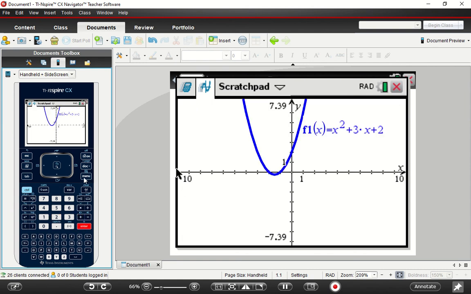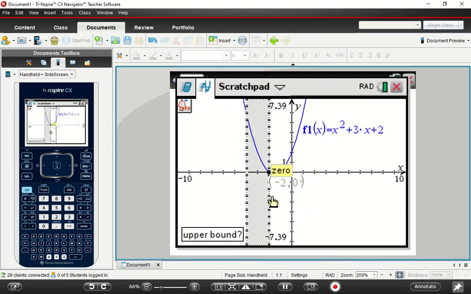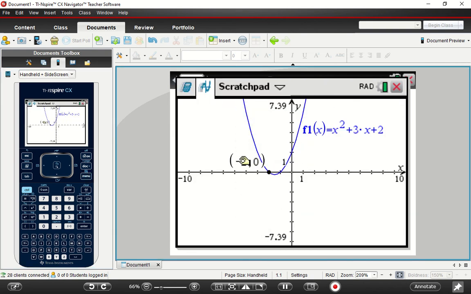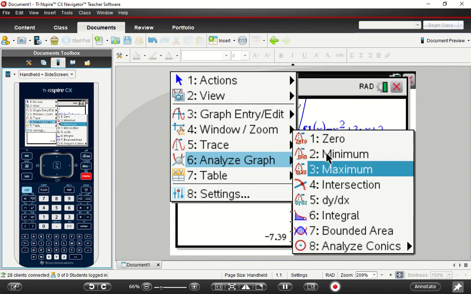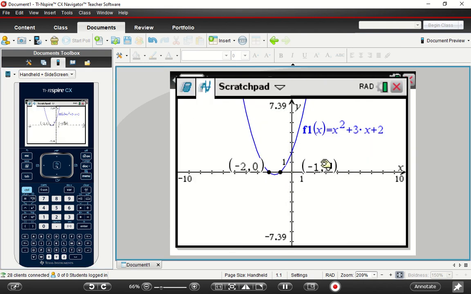Now I go menu, analyze, zero. All right, so x equals negative 2, right? And x equals negative 1.